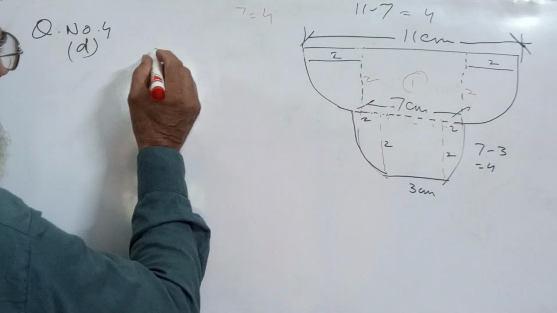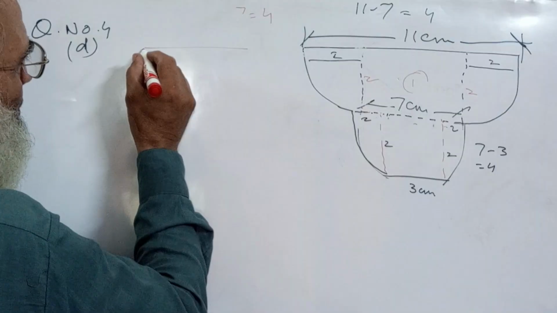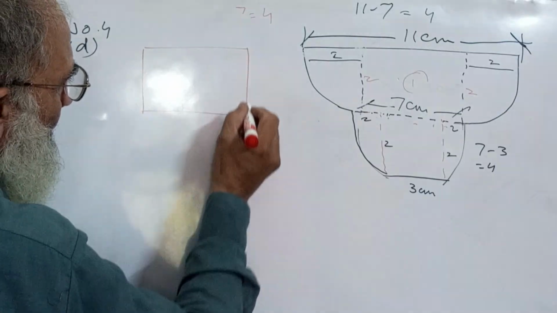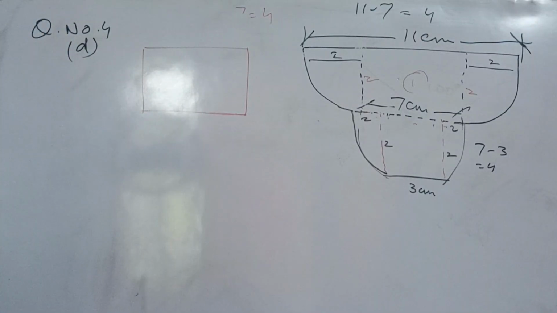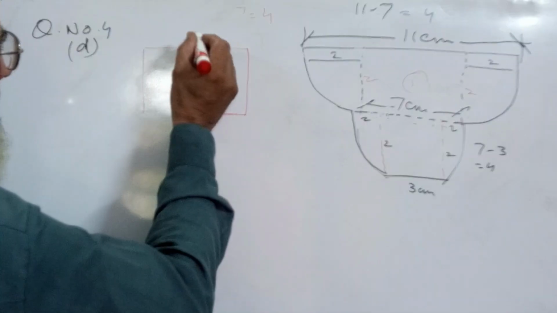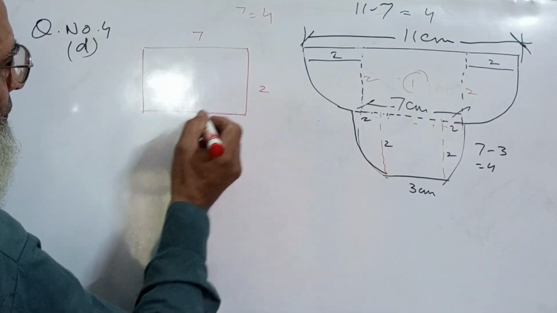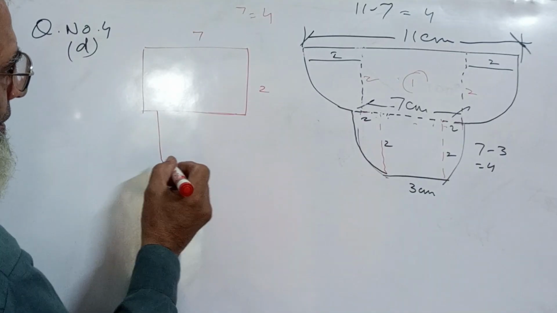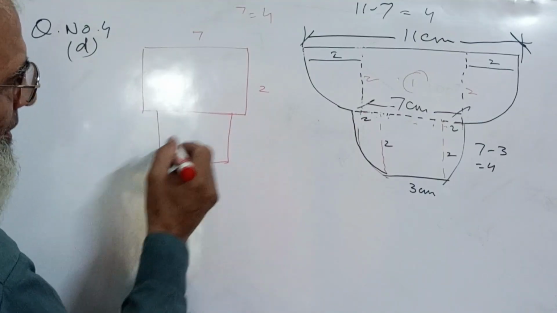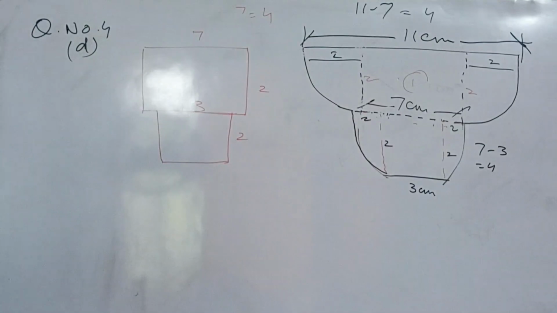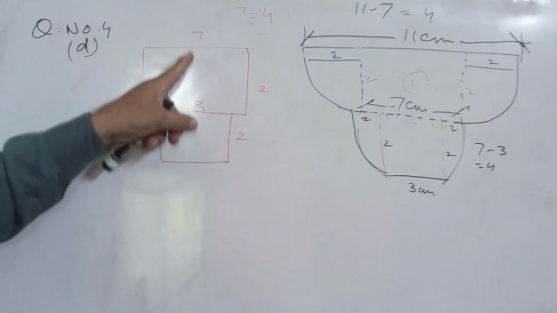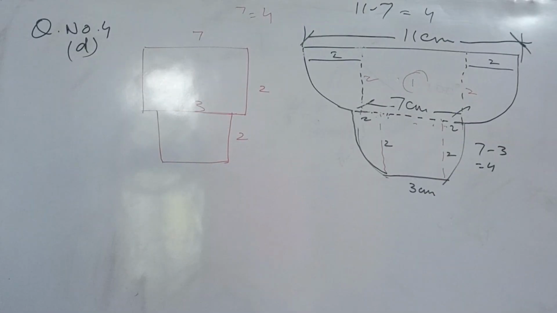So if I decompose this, there is one rectangle over here which is 7 by 2 and the other rectangle is 3 by 2. Okay, there are two rectangles, 7 by 2 and 3 by 2.